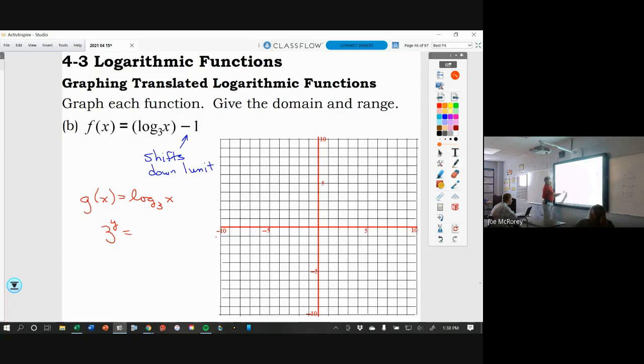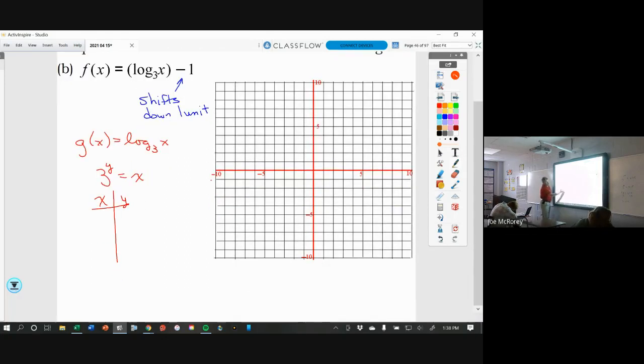Thing? x. As normal, we're going to check our values of y being -1, 0, and 1. 3 to the -1 power, 1/3. 3 to the 0 power, 1. 3 to the first power, 3.